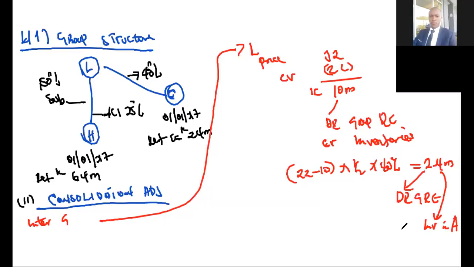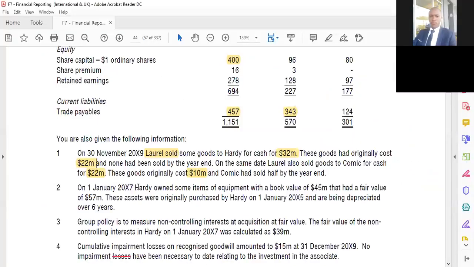Note number 2 says on 1st January 2027, Hadi owned some items of equipment with a book value of 45 that had a fair value of 57.